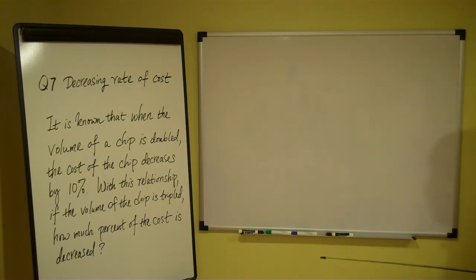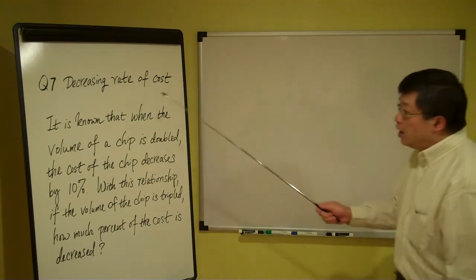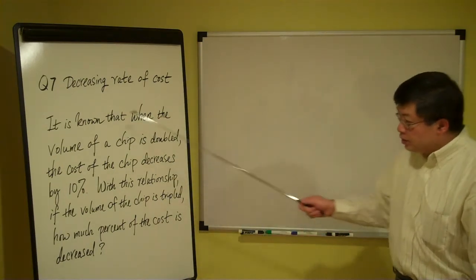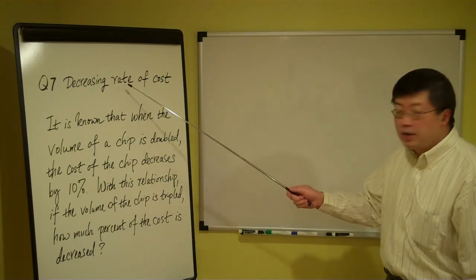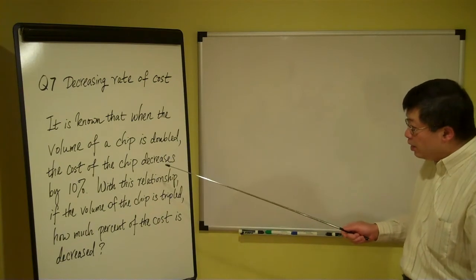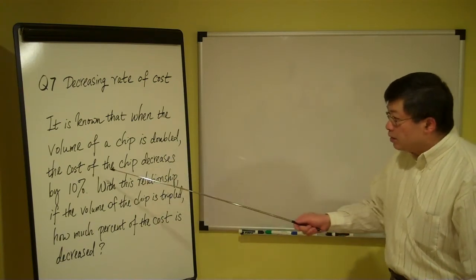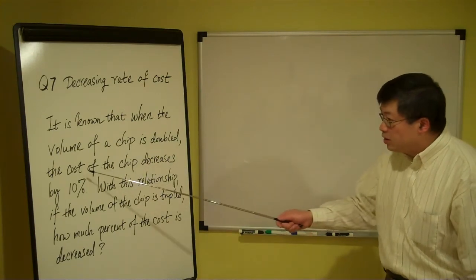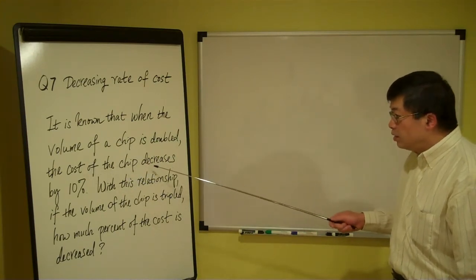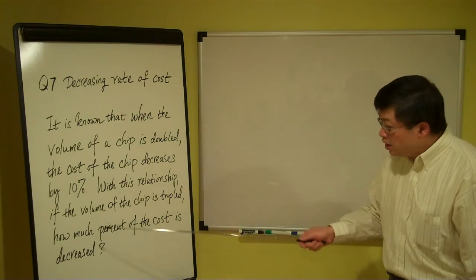So now let's look at the assumption. Some hidden assumption we need to explore here. First, from the original question, there is no rate, because here we are asked the cost, how much cost is decreased.